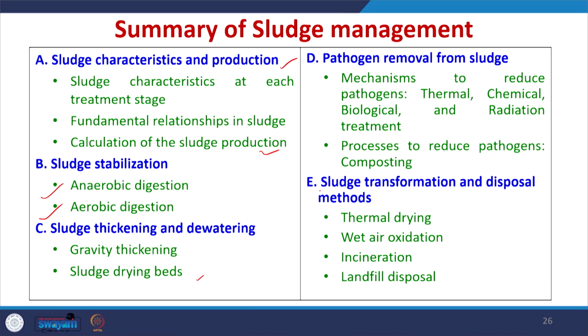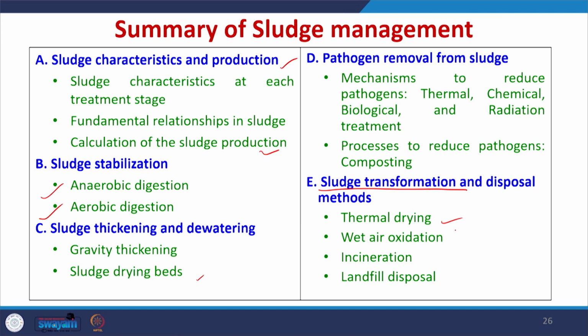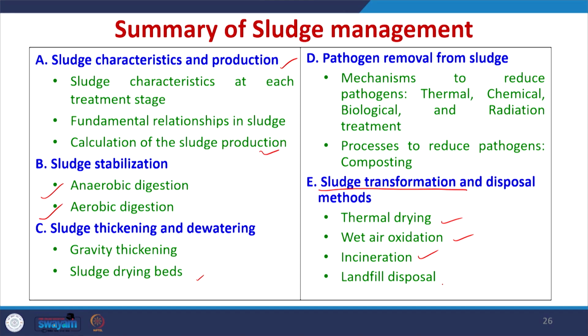Finally, we studied sludge transformation via thermal drying methods, wet air oxidation, incineration, etc. These methods not only reduce the sludge, but they help in proper disposal later on, and this sludge transformation can help in proper application of sludge maybe in agricultural fields, etc. We studied thermal drying, wet air oxidation and incineration in detail, and finally, we studied landfill disposal also, for a dedicated landfill, or if we are disposing of the wastewater treatment plant sludge along with the municipal sludge. So, we studied landfill disposal today.